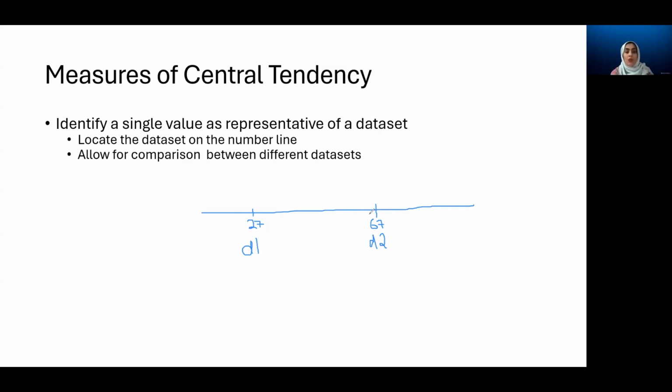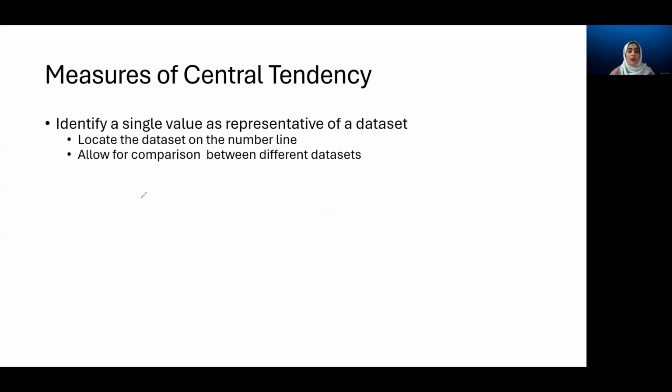And if we compare individual values with each other, we can have different comparisons, different outcomes. But generally speaking, from this information you can conclude that the values in dataset D1 are smaller than the values in dataset D2. So such kinds of comparisons, such kinds of conclusions can be made if you know the central values of datasets.